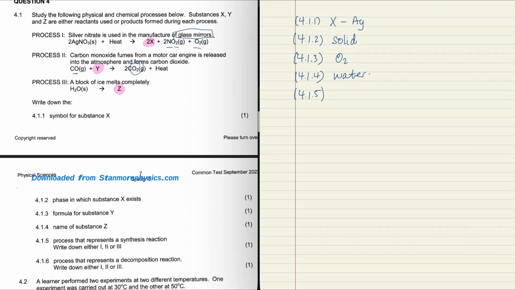So process 2 shows carbon monoxide and oxygen forming a new compound, CO2. 4.1.6, write down the process that represents a decomposition reaction. Now, a decomposition reaction is where you have one thing becoming many things, and that's going to be process 1.